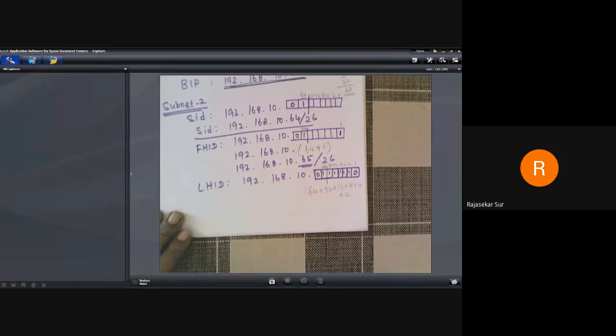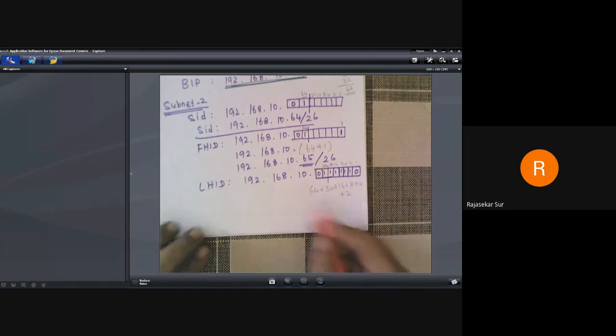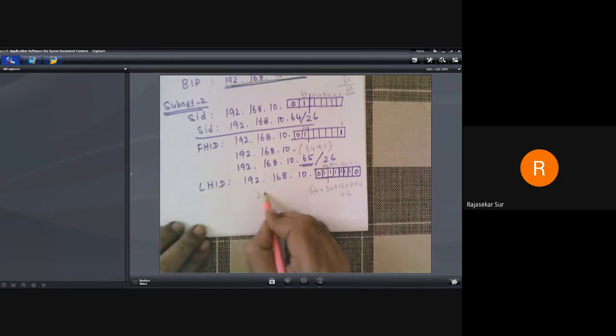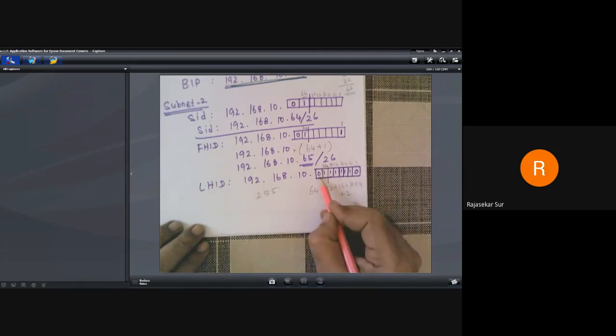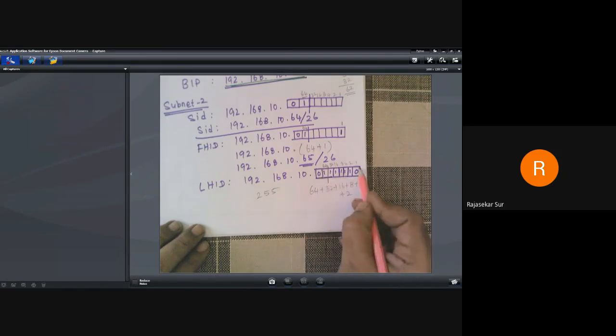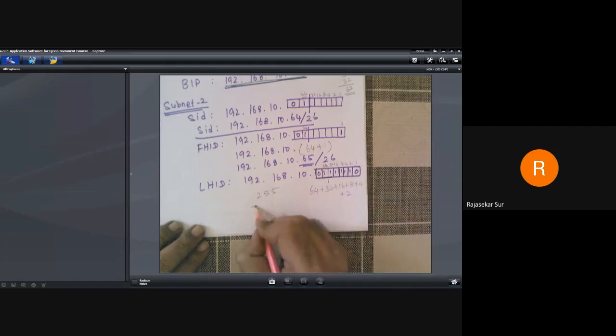Now I'll give you a small tip: don't add everything. If everything is 1, it is going to be 255. The last bit here is 128, so 128 plus 1 is 129. If you subtract 129 from this, you will get the answer.